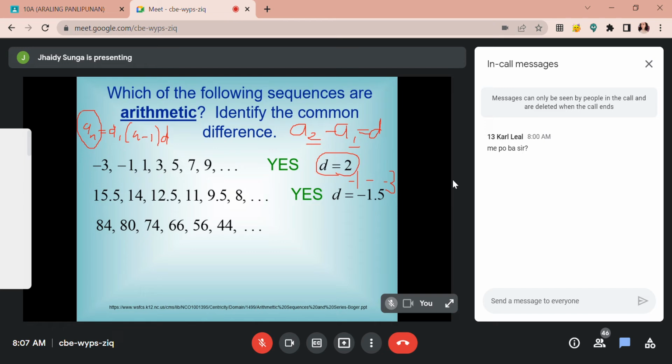All right, for that one, it is no. That's correct, Enzo. If you will notice, the common difference in the first two terms would be -4, and the following terms aren't related to the difference that we had. So therefore, this sequence is not arithmetic. All right, for the first one, we have -8.